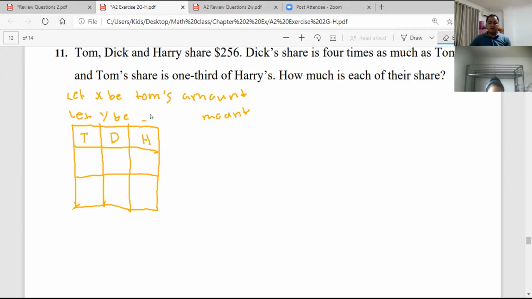Use only one variable and write everything in that one variable. If you use two variables, you cannot solve this question now. 4 times x, and 1 over 3 of Harry's.